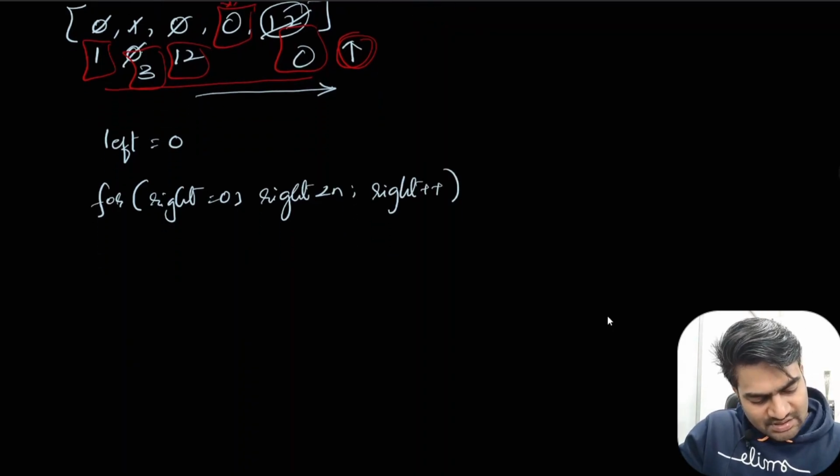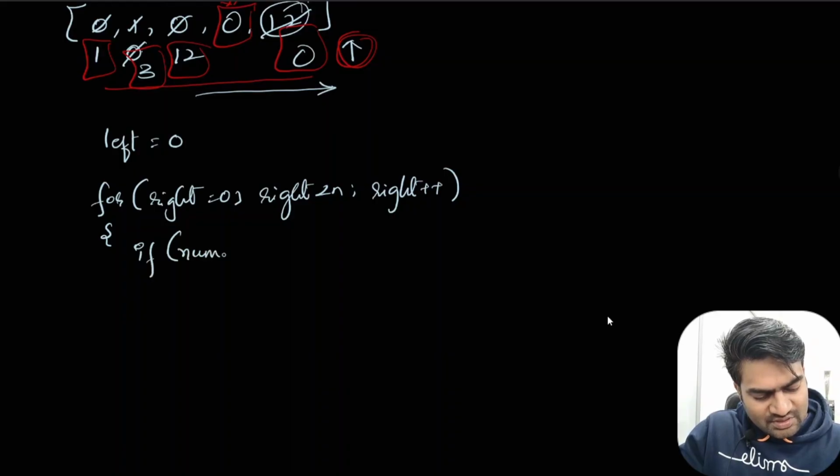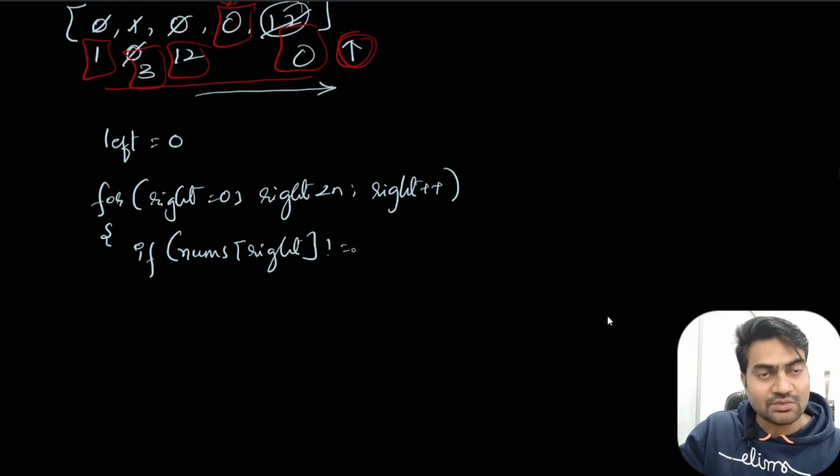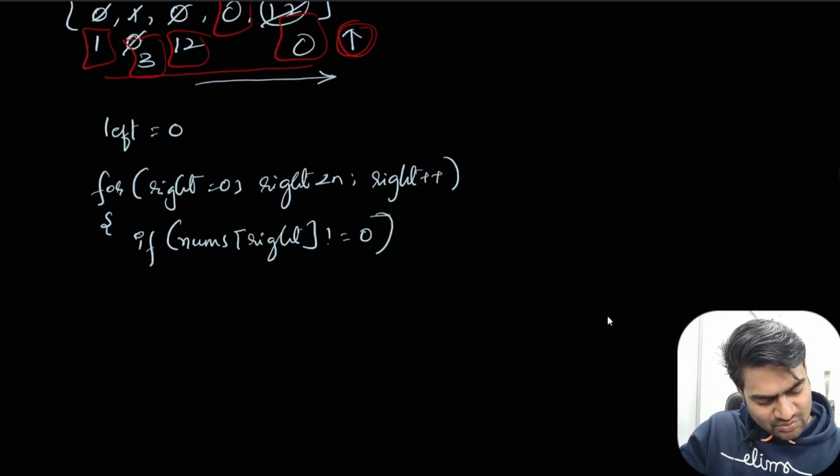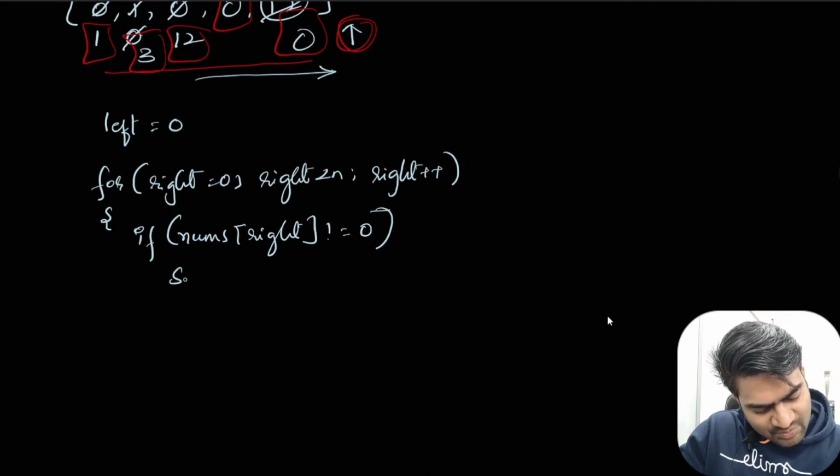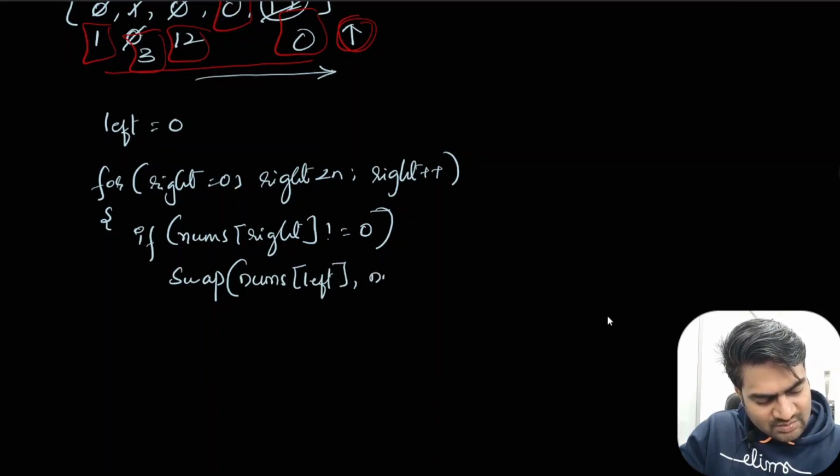Now if nums of right is not equal to 0, if it is a non-zero number, then what we will do, we will swap nums of left comma nums of right.